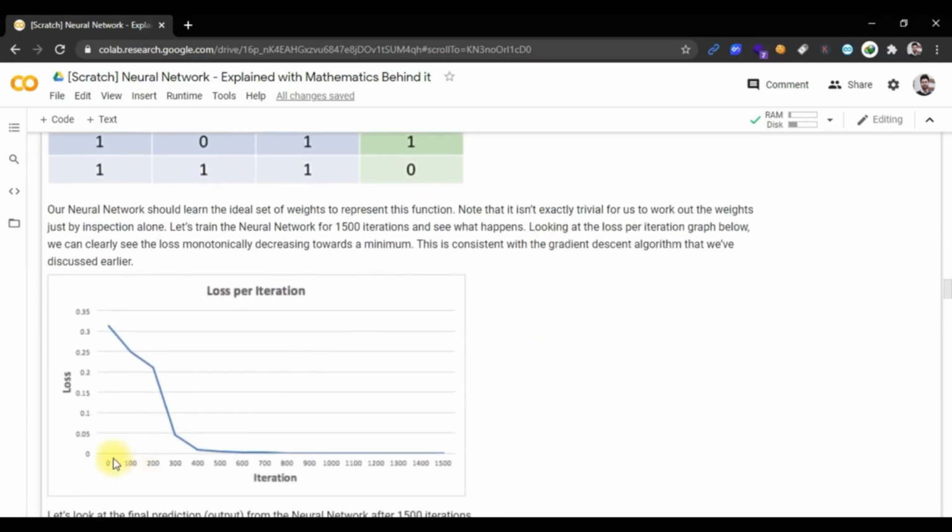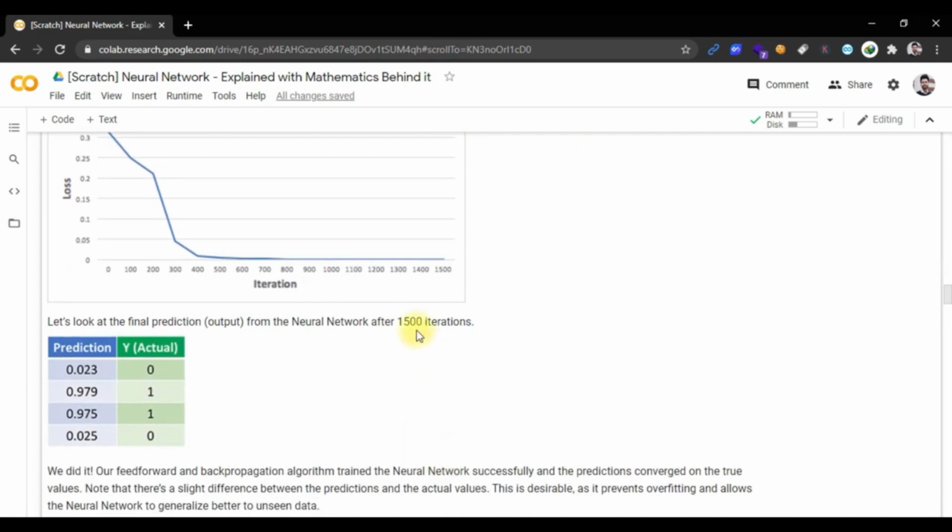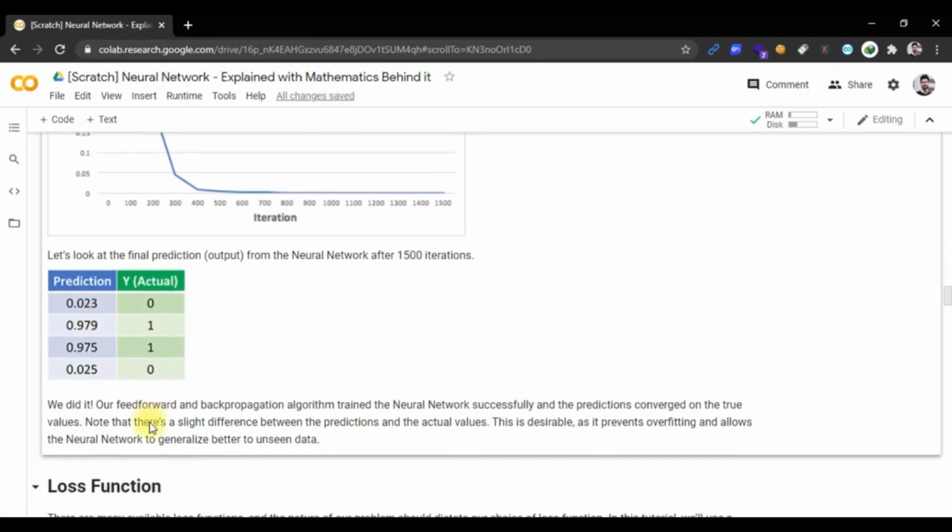As you see in the graph, at only 10 to 15 iterations the loss is very high, but as the iterations increase, the loss becomes less, and at 1500 iterations the loss becomes negligible. So our actual value and predicted value are almost the same.